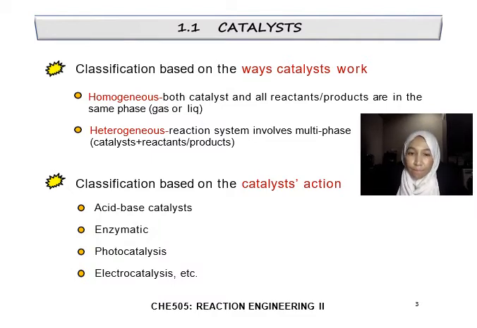Okay, some examples of catalysts. There is the acid-base catalyst. What does it mean? It means that the catalyst has its own pH type, whether it is acidic, a little bit acidic or maybe very acidic, and there are also catalysts which are a bit basic or a bit alkaline.